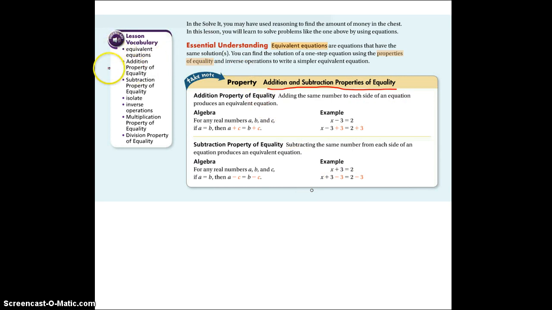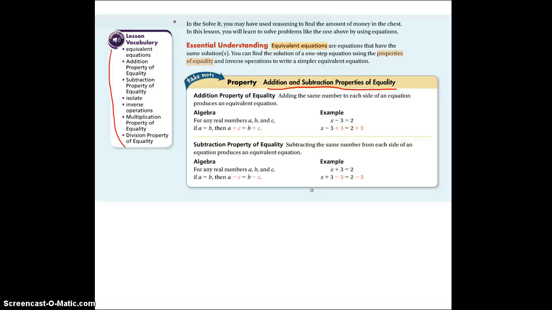Here's a list of all the vocab. In what we just did on the previous slide, you may have used reasoning to find the amount of money in the chest. In this lesson, you will learn to solve problems like that one by using equations.